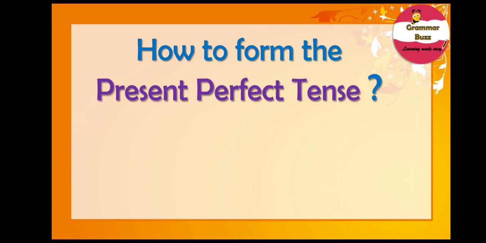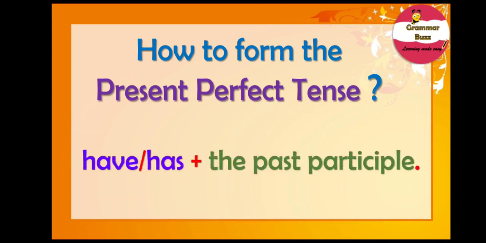The first element is the use of the auxiliary or helping verb have or has, depending on the subject of the sentence, that is either singular or plural subject or pronouns. And the second element is the past participle form of the verb, which is usually formed by adding ed or d to the verb roots.